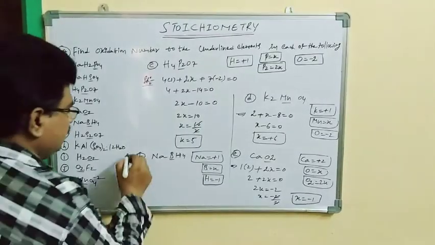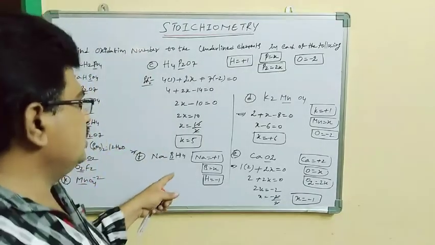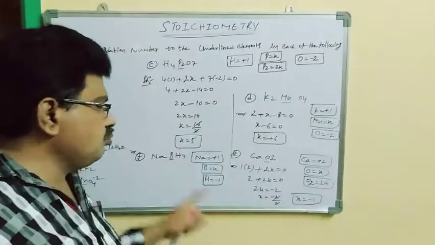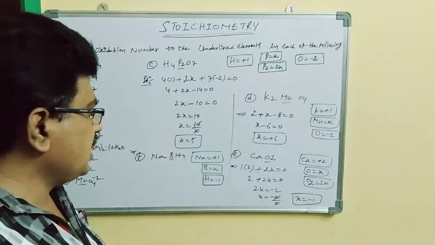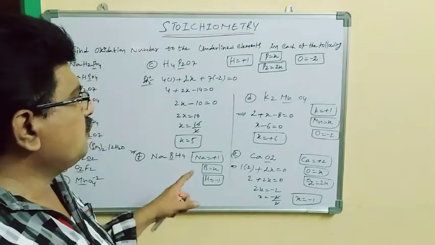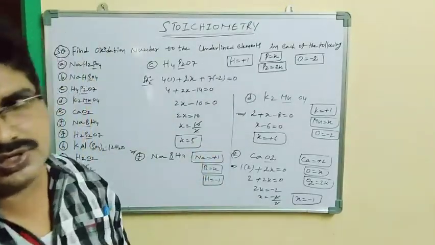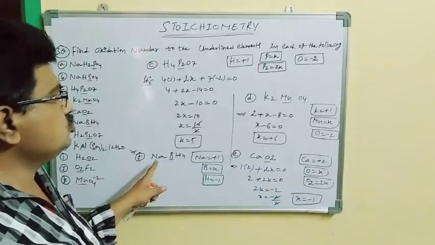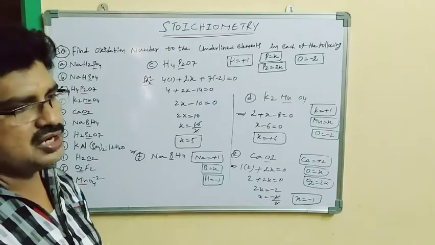This is important: in this case the charge of hydrogen is -1. Hydride. So the compound name is sodium borohydride. Except in this case, we substitute the charge of hydrogen as +1. Here in the sodium borohydride case we have to substitute -1 charge.